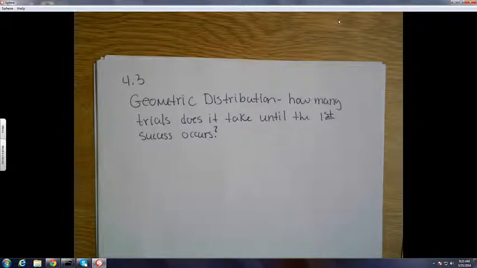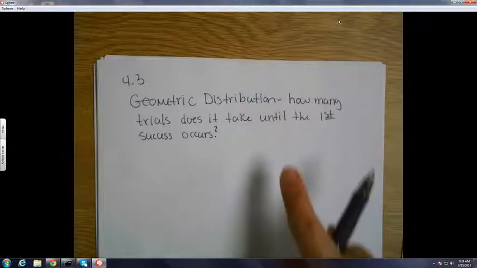No. So let's just talk about the difference between a binomial question and a geometric question. Say we're flipping a coin. A binomial would say, flip a coin 10 times, and find the probability of getting 6 heads out of those 10 trials. So I know exactly how many trials I'm doing, it was 10, and I was looking for 6 successes.